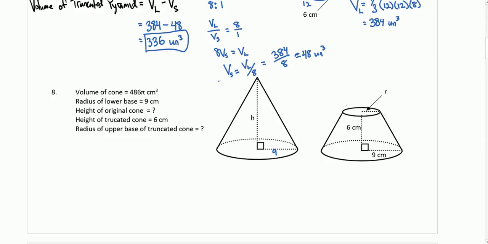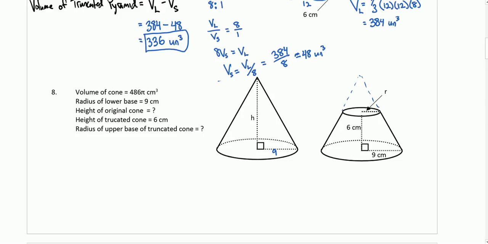So again, we're gonna break this up. We got the large cone and the small cone. The small cone is the part we don't see. It's the top here that was cut off. And so we're looking for the radius of the small cone. We have the radius of the large cone.